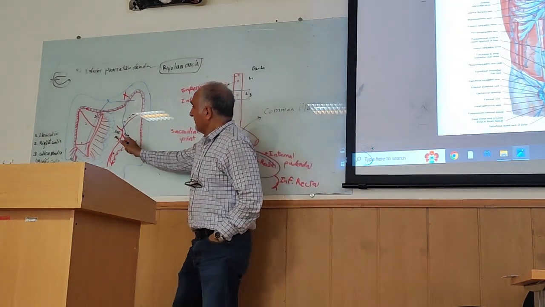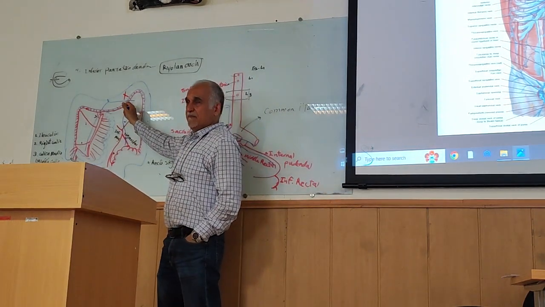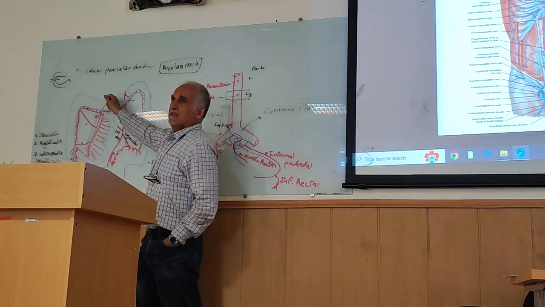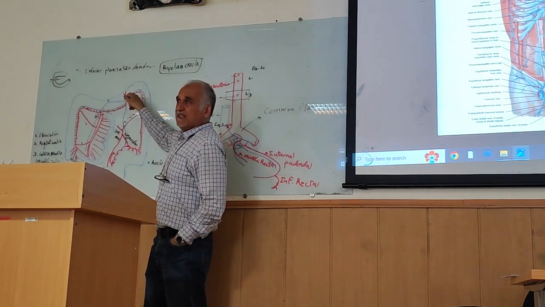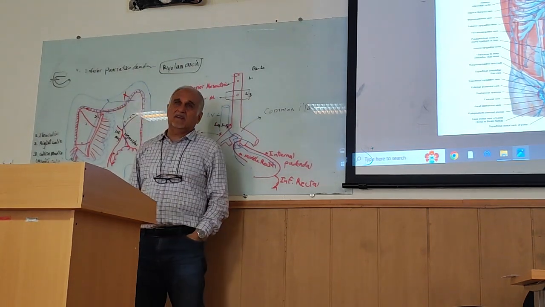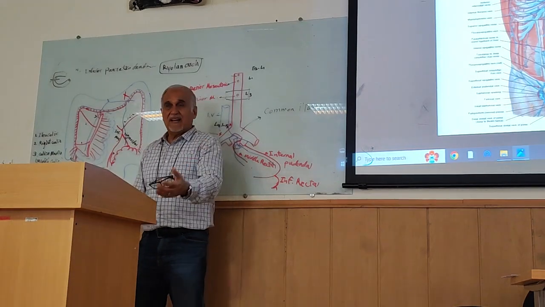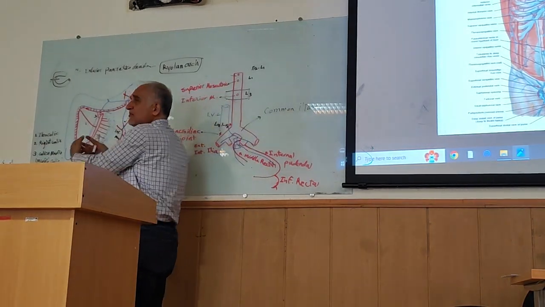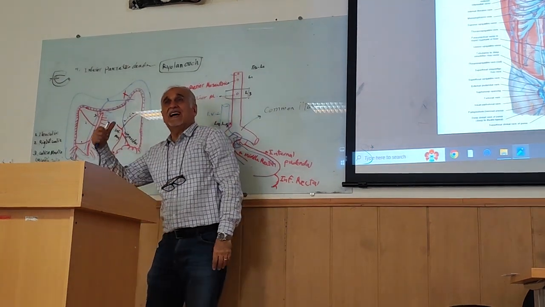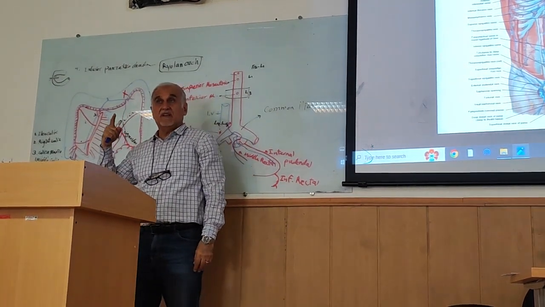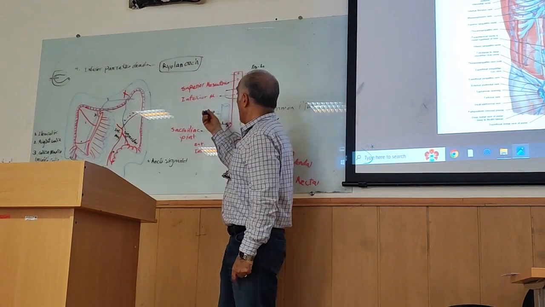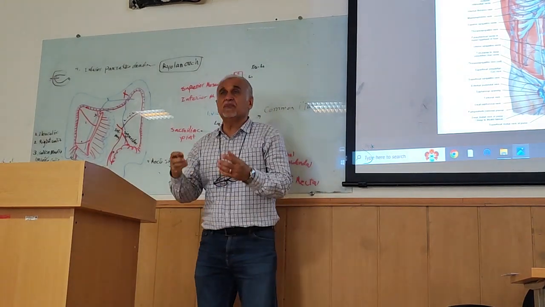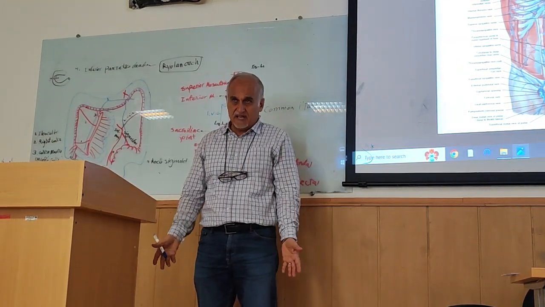I told you the inferior mesenteric and superior mesenteric with the splenic make the portal vein. The portal vein, as you can see here, collects all of the venous plexus of the digestive system, and it should be joined to the IVC after being filtered.